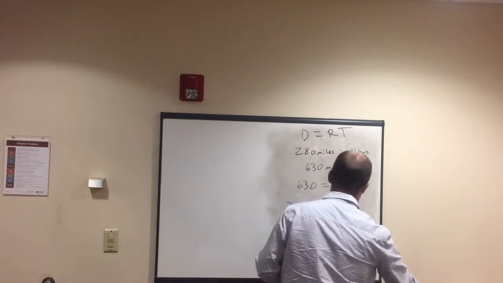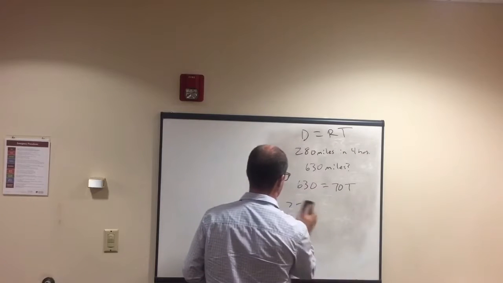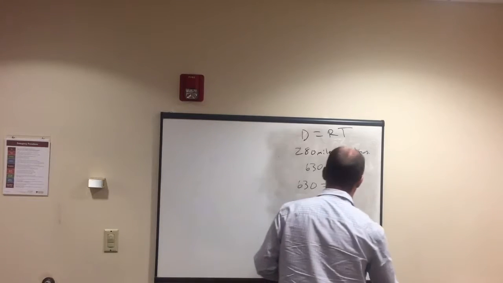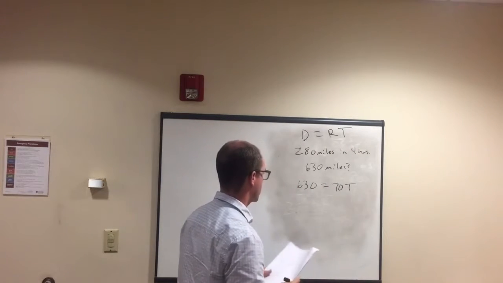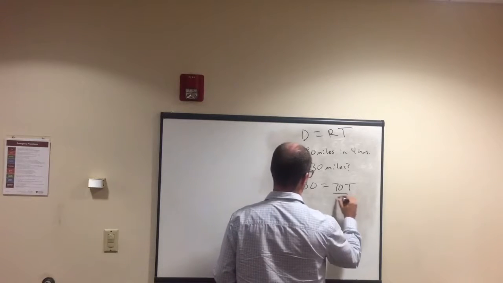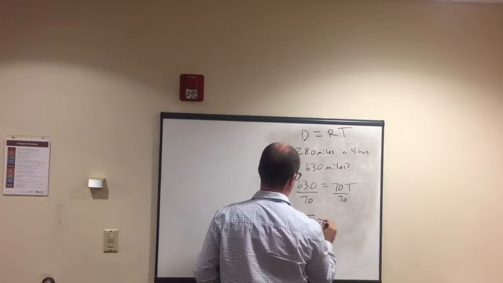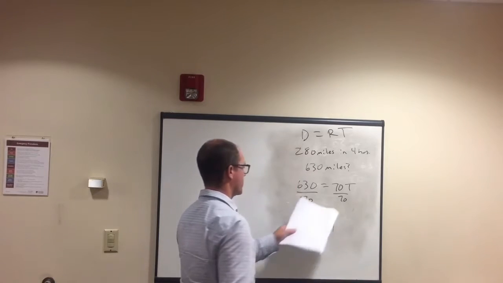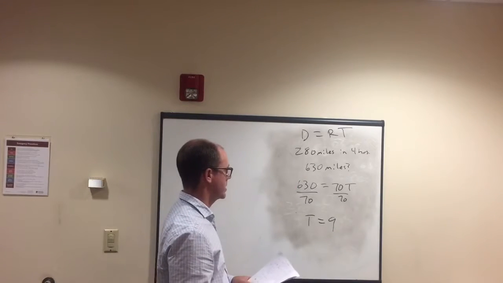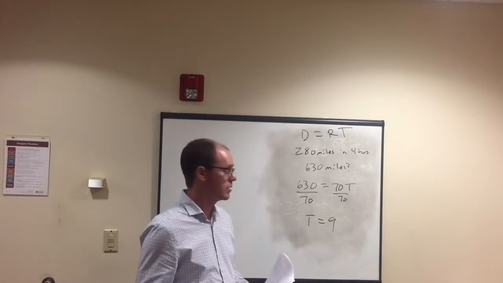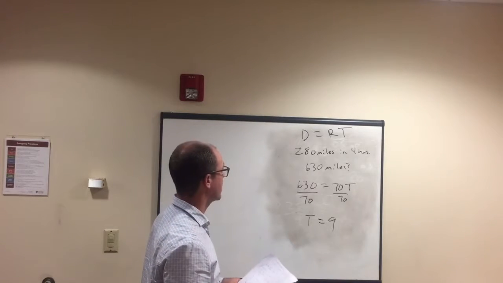Okay, and now we have enough to solve. We'll go ahead and get that little math out of the way. We divided each side by 70, and time equals 9 hours, right?